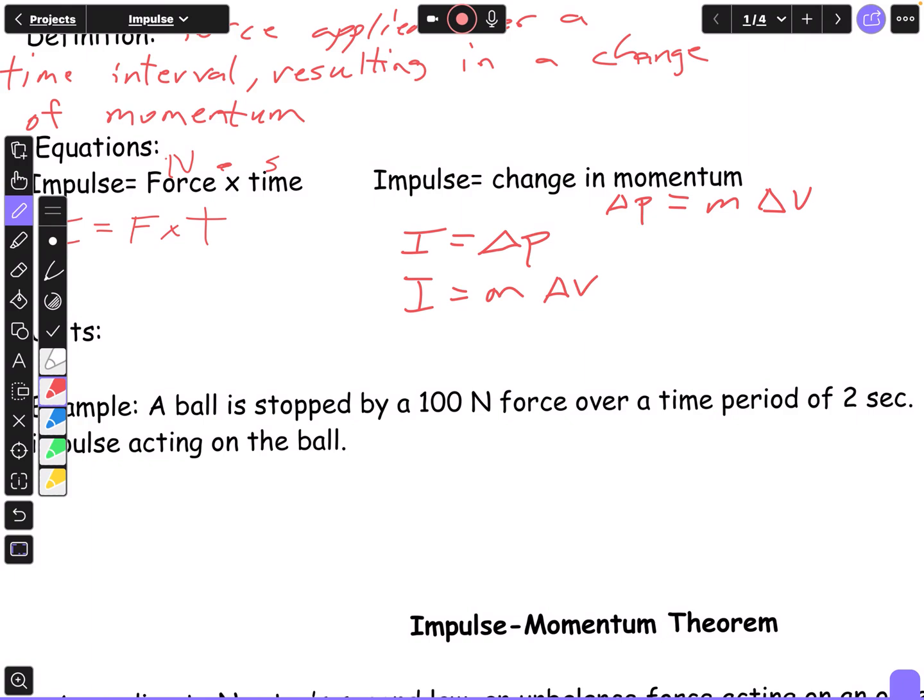And I can extend that equation out and say the impulse is equal to M times Vf minus Vi, since the change in means final minus initial. So all three of those equations say the same thing. I equals delta P, I'll just plug in M times delta V for delta P, and I equals M times delta V, and then break down the delta V to Vf minus Vi. So all three of those are ways of showing impulse. It will just depend on what the problem tells us about which one of those equations we will be using.